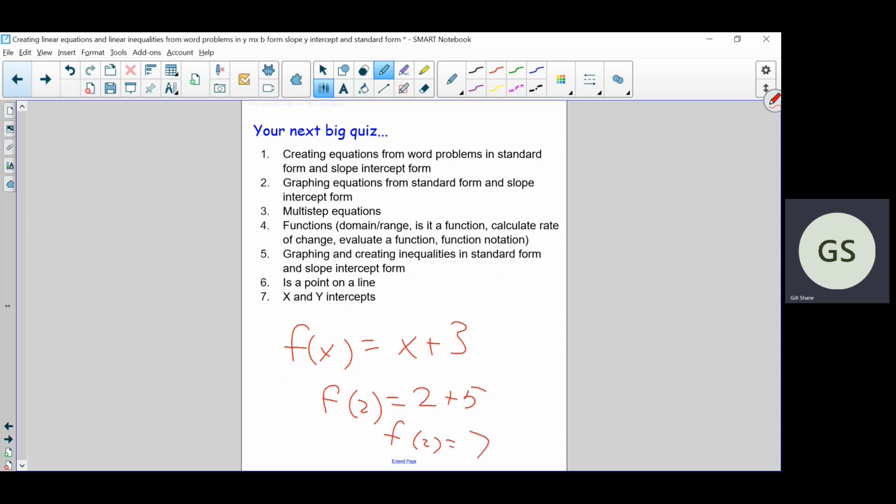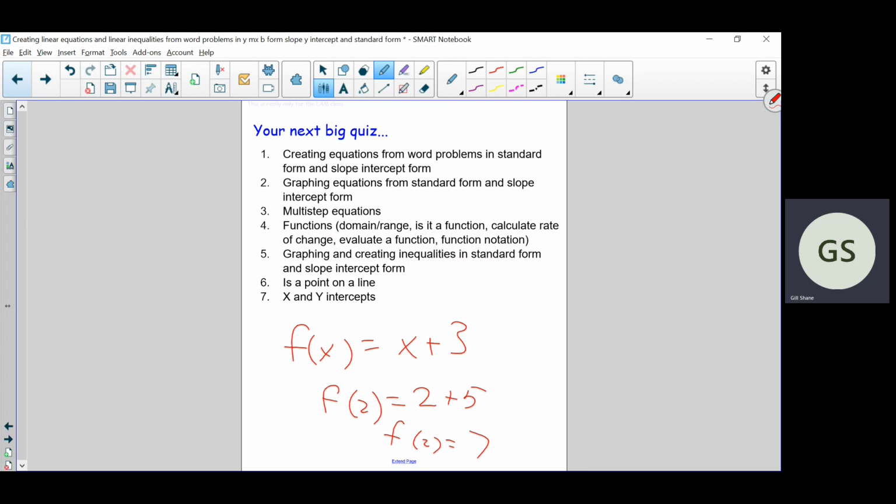It just means instead of x being an unknown, now x is 2. So when x is 2, what's the answer? 7. Some of you didn't know how to do that. Just plug in whatever number you replace x with, replace the x in the equation with that number and solve. That's it. It's literally just the same thing as y. It's different notation, technically, but it's the output. It is the output when x equals a certain number.